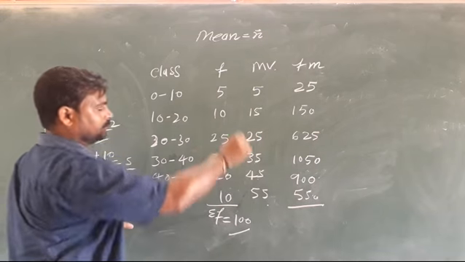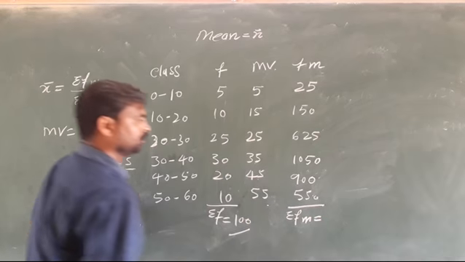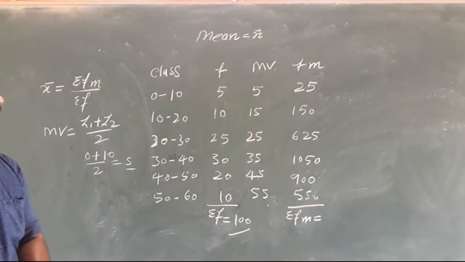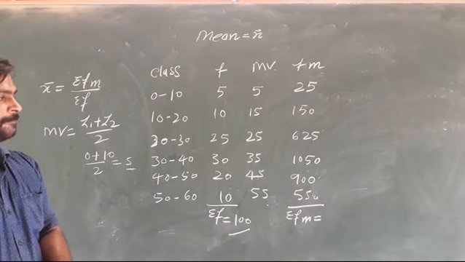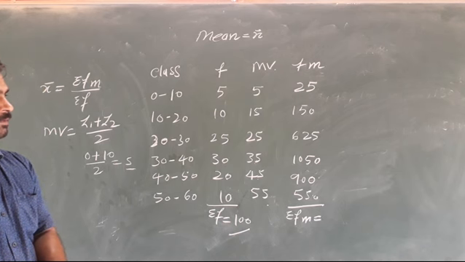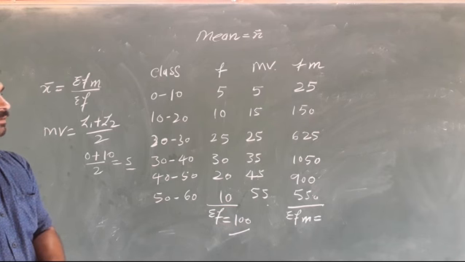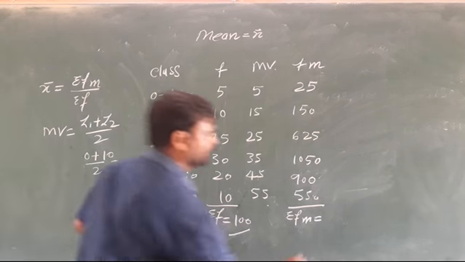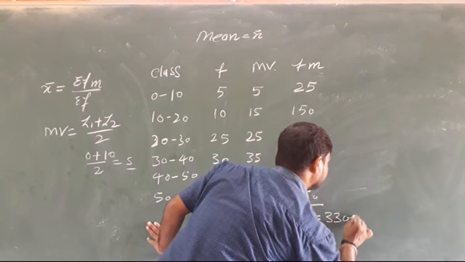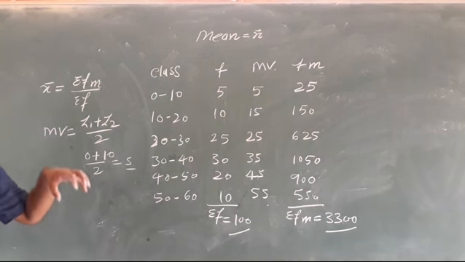Now we will have the sum of this, sigma fm. Let's have a sum of this: 3,300.